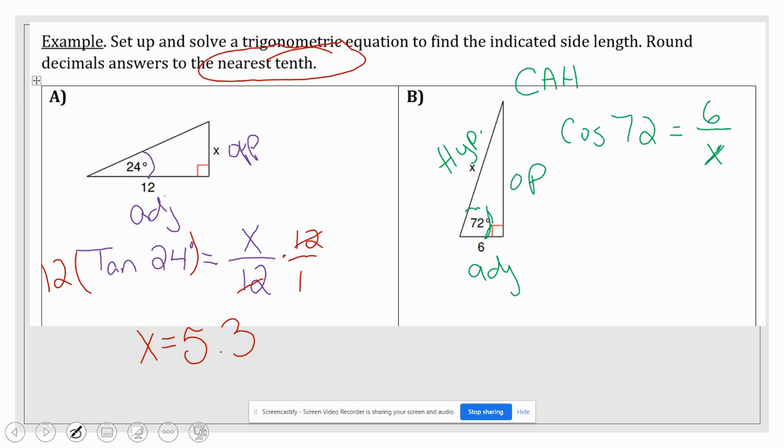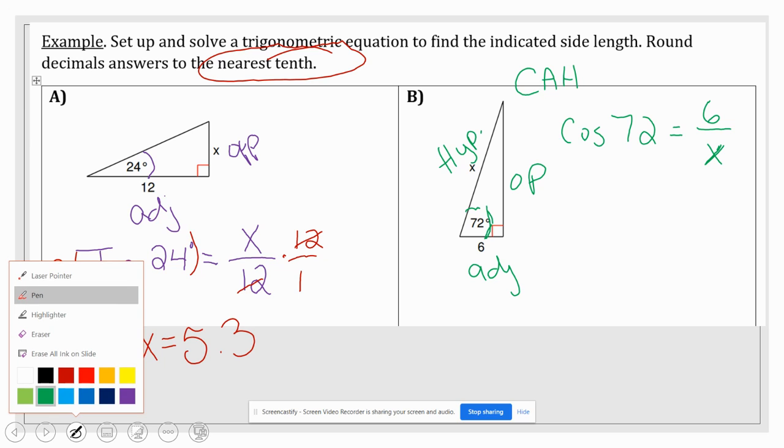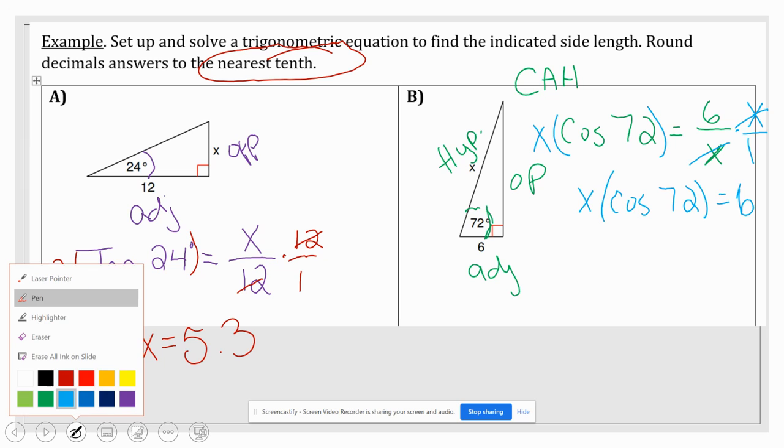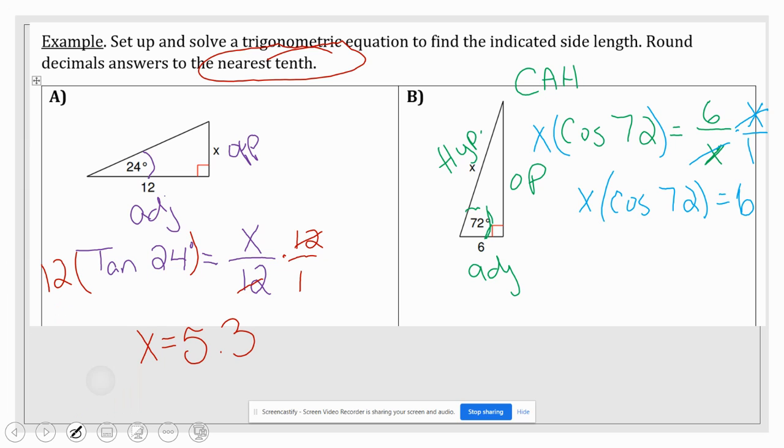To start solving for x, we need to get it out from underneath the fraction bar. The opposite of dividing by x is multiplying both sides by x. And then to finish getting x alone, right now we have x times the cosine of 72.